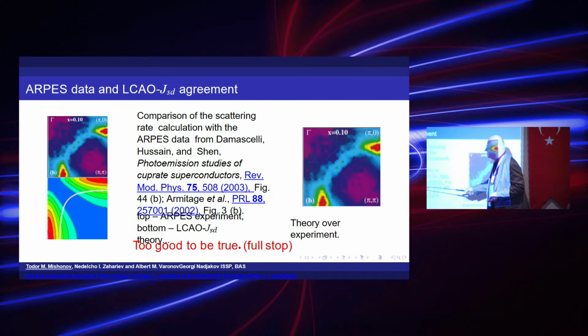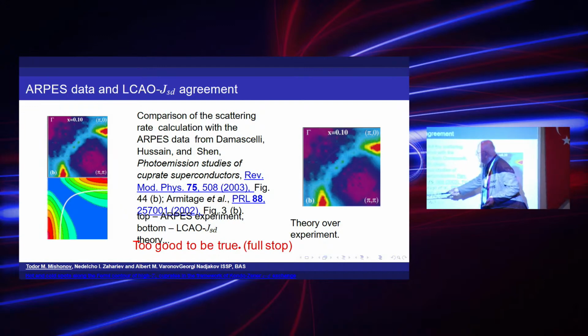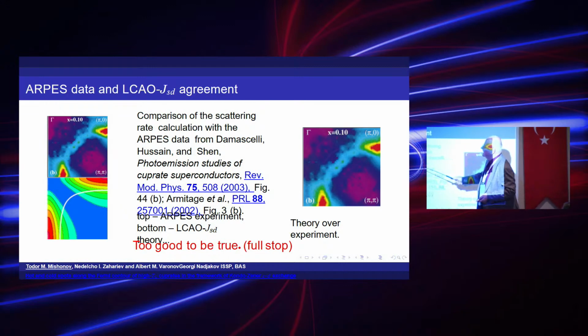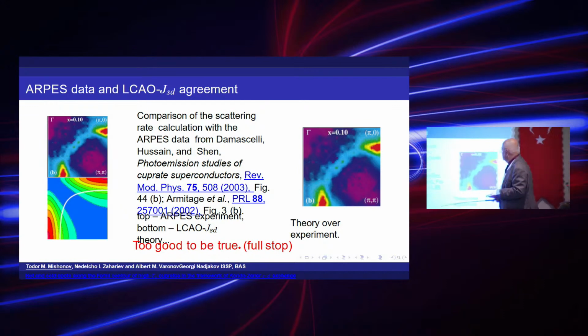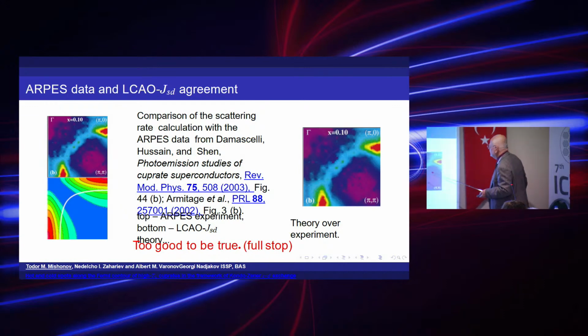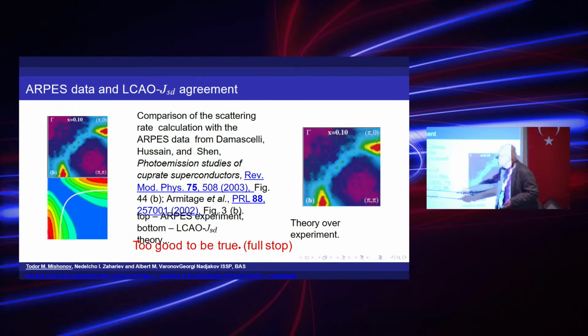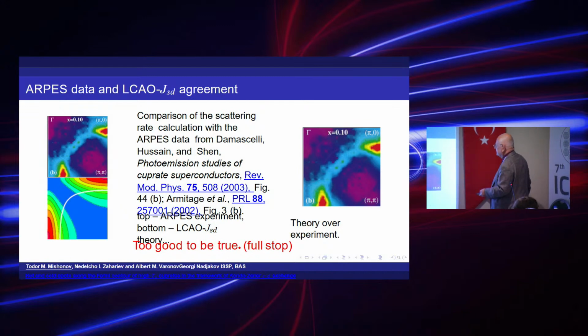This is the theoretical picture for the Fermi contour and our hot spots. Those are the ARPES data which provoked us to start these calculations. And in this view graph, Albert put our calculations on the ARPES data, and this is theory over experiment.